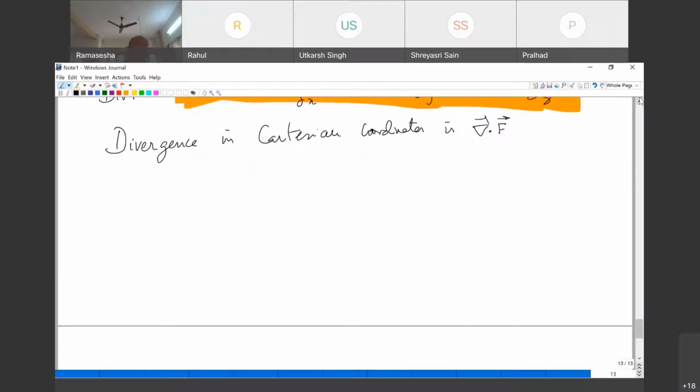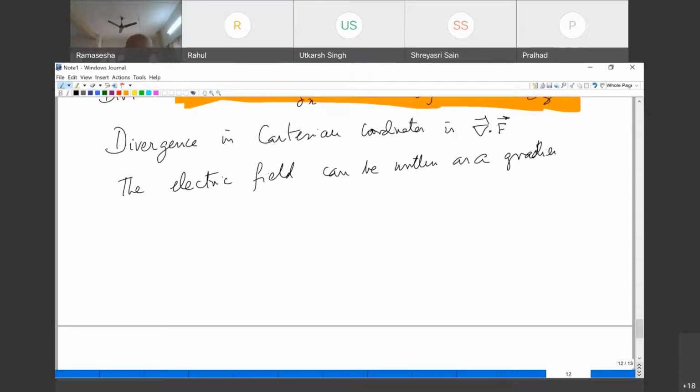So now you see the following: the electric field can be written as a gradient of a scalar potential.